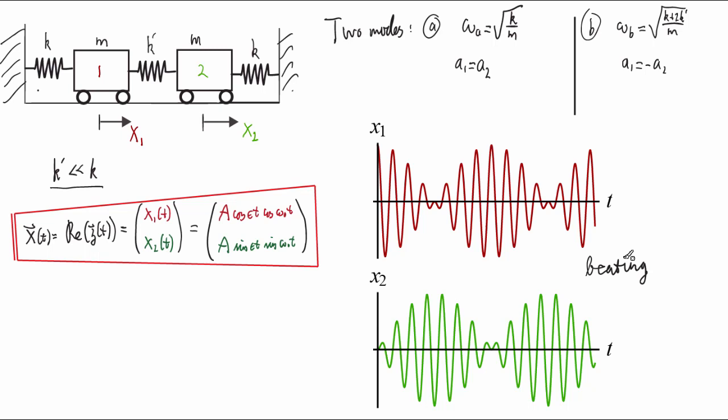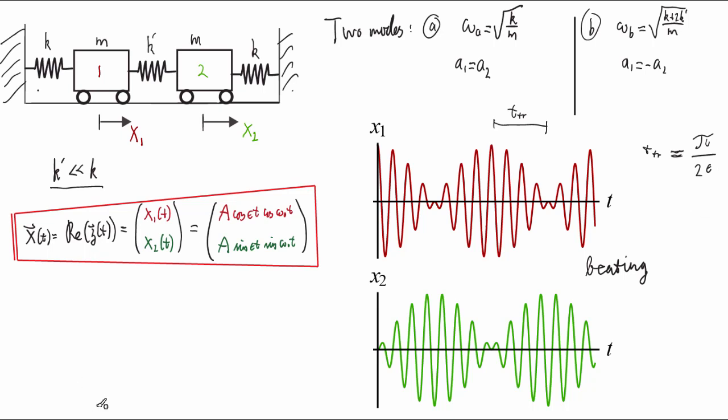Mathematically, it's the same phenomenon as an interference pattern. Essentially, this occurs because the two different frequencies, omega A and omega B, beat against each other, and then you get this characteristic pattern where the time scale for transferring motion from one cart to the other, t sub tr for transfer, is equal to pi over 2 epsilon.